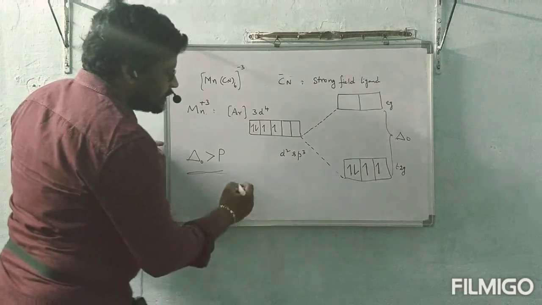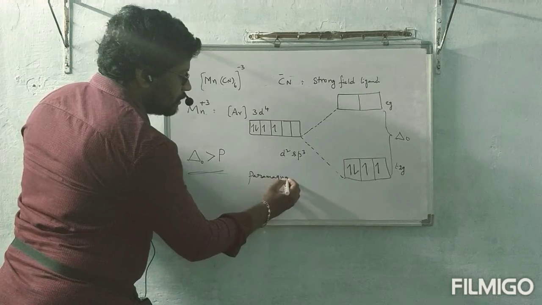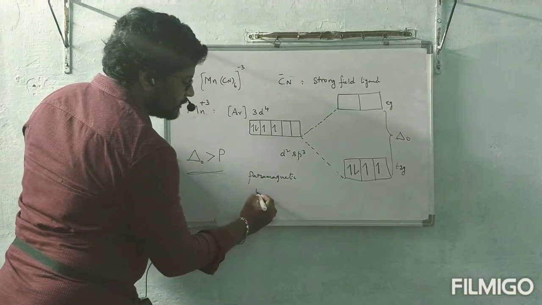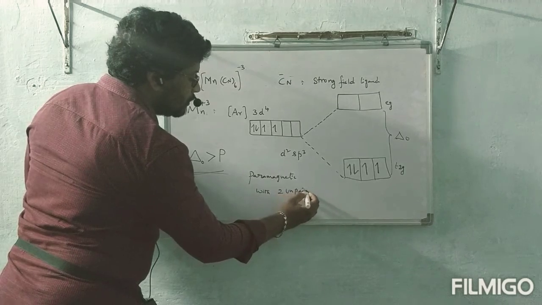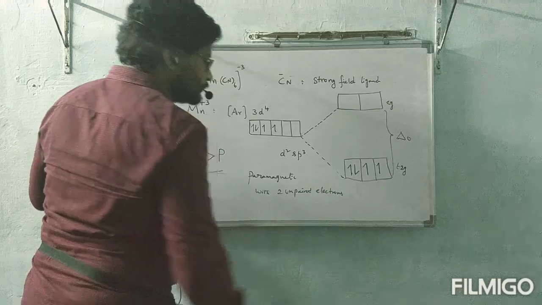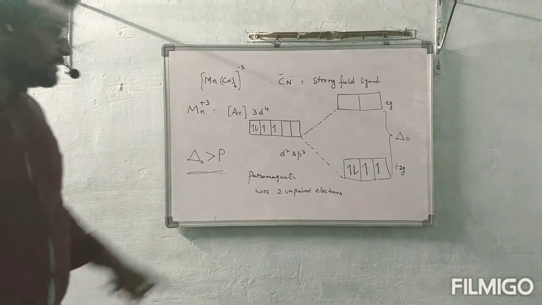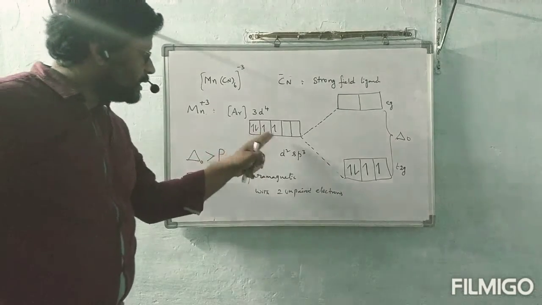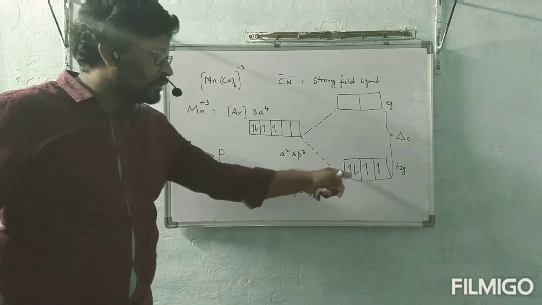And its magnetic data: it is paramagnetic with 2 unpaired electrons. This is why this electron is getting paired with the first electron.